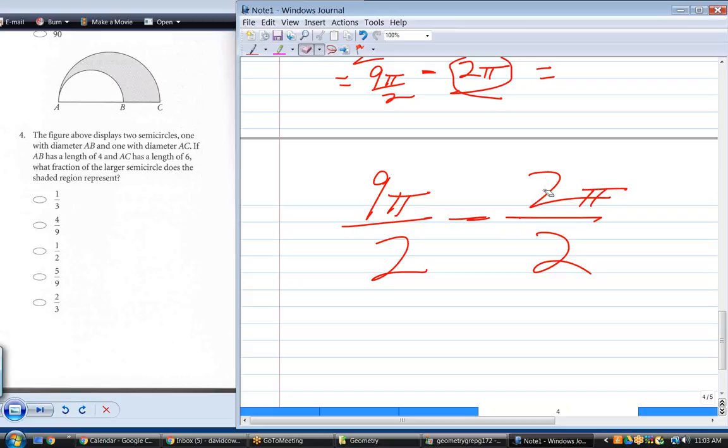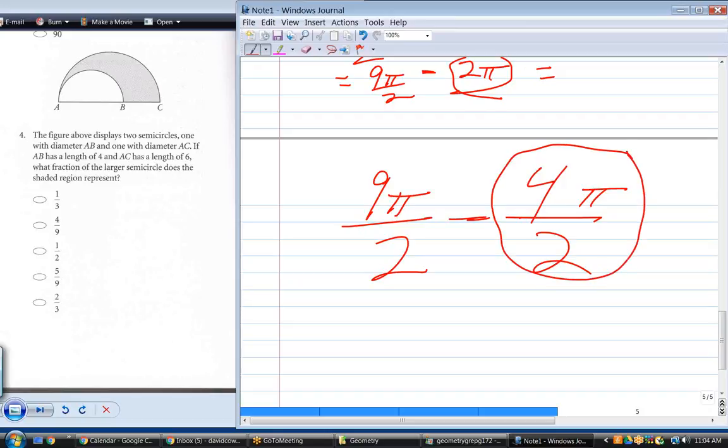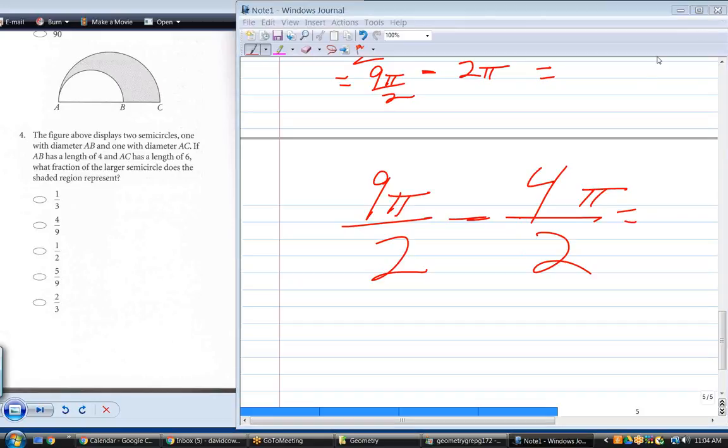So you do that check. What number has to go down here? 4. That's the key. The moment you do it, make sure you look at this and notice that it has not been changed. You can't change these things. You can just write them in a different way. And now, because we have a common denominator, we can actually do that subtraction. What is it? So you would get 5 pi over 2.